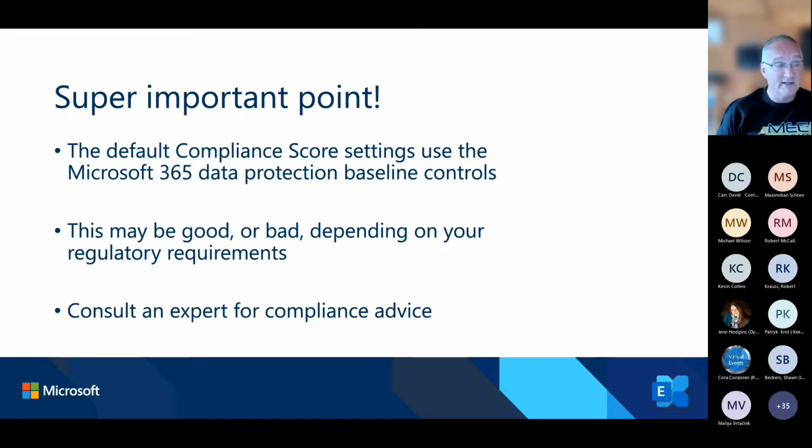Now, it sounds good, right? Data protection, we love that. Having a Microsoft-provided default is really good because it means that if you don't know how, or don't want to, or don't think it's important, you're still going to have the ability to improve your compliance against a known thing.